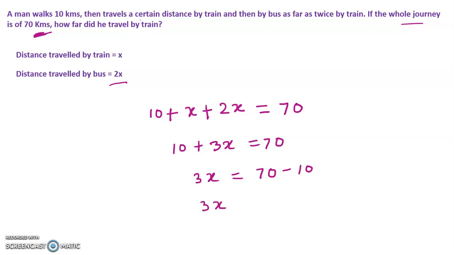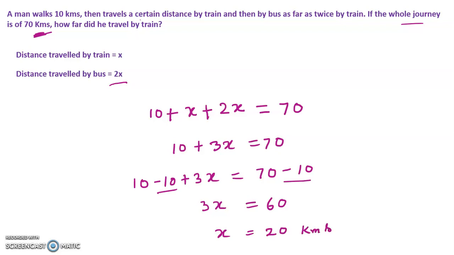3x, what I did is subtracting 10 on both sides. So subtracted 10 on both sides. So 10 minus 10 will be 0. 3x will be remaining this side, and this side it will be 60. So x is equal to 20 kilometers.